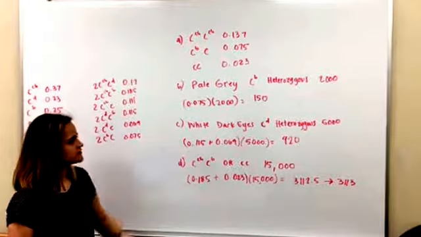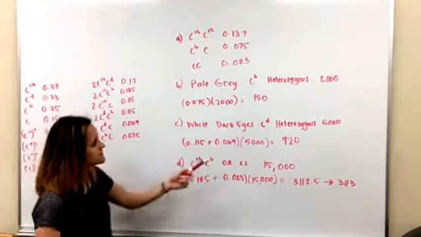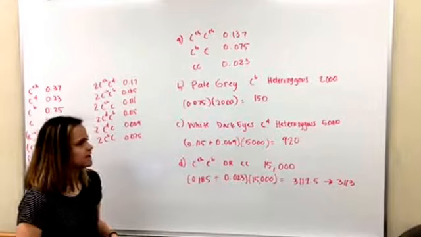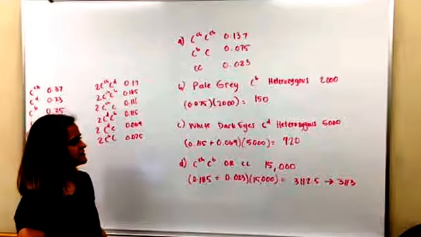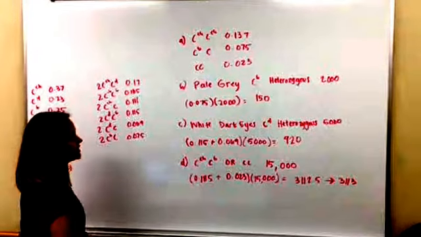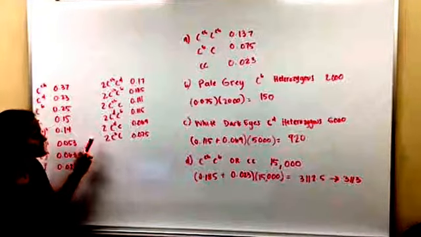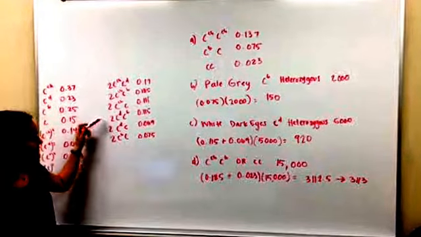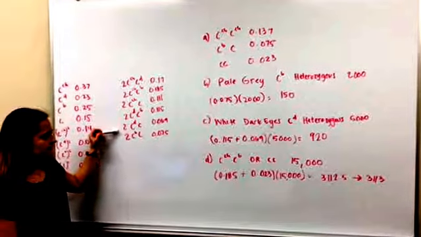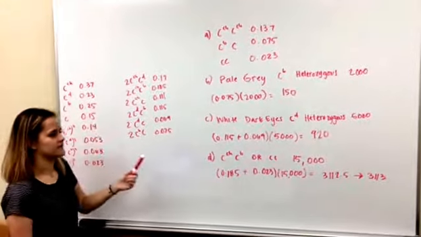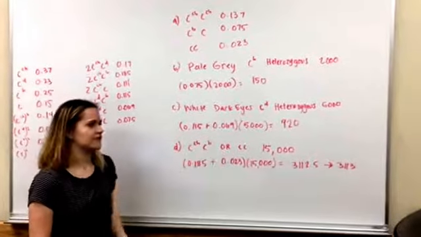And for C, we're looking for a white coat with dark eyes, which is the C^D. It also needs to be heterozygous for a population of 5,000. There are two heterozygous combinations that can make that, which will be this one and this one. You add those together and then multiply by the population, and you get 920.